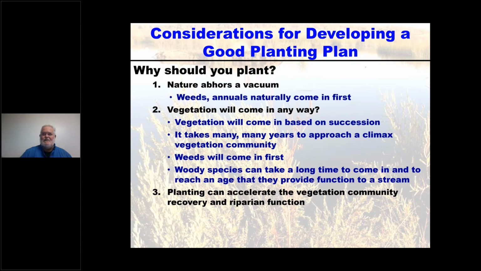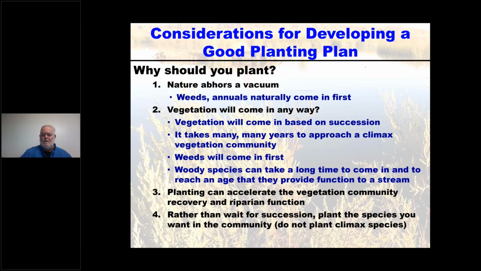Number 3 is planting can accelerate the vegetation community and recovery. It just tends to accelerate everything and get the plants that you really want in there started. Rather than wait for succession, you can plant some of the species you want in that community. One proviso for that is you don't want to plant climax species.